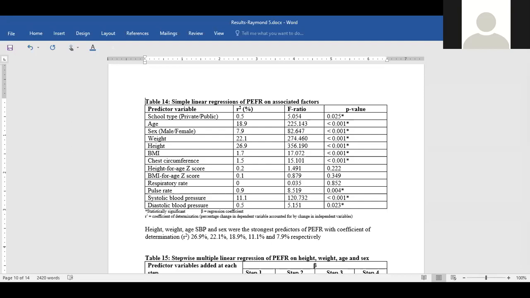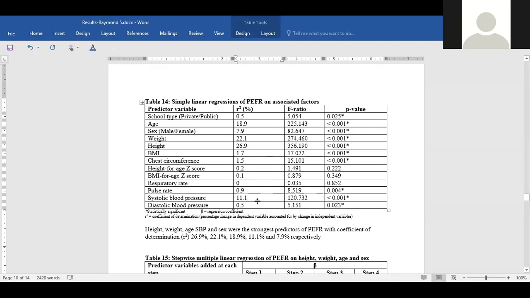Now, you can see from the simple regression that the one that gives you the highest R square is height, followed by weight, then age, then systolic blood pressure, and after systolic blood pressure is sex, either male or female.